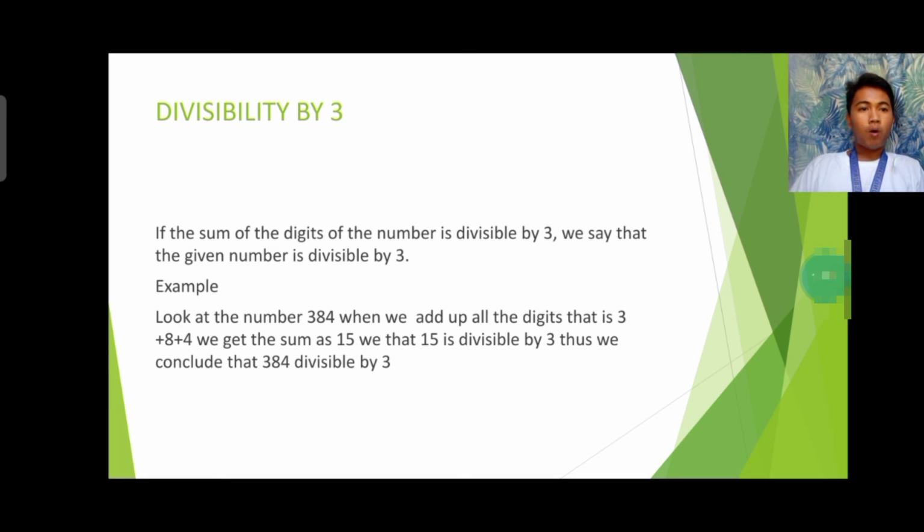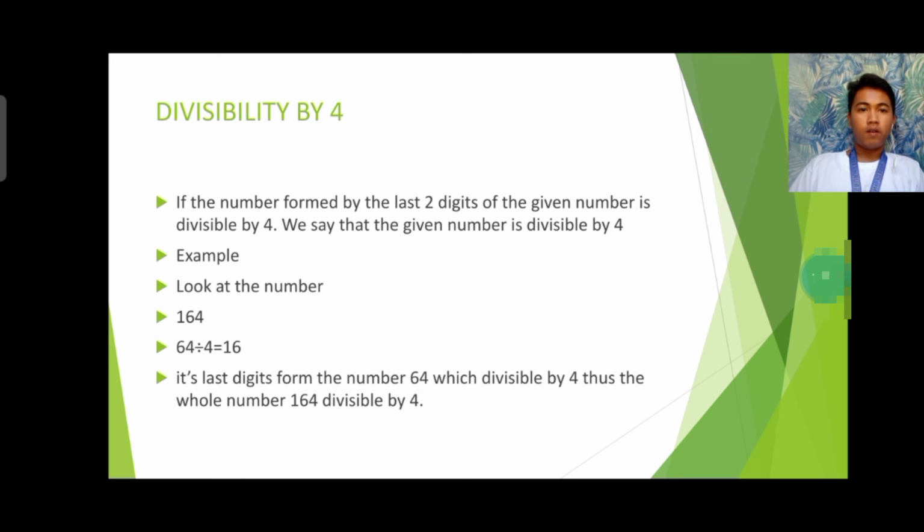When we add up all the digits, that is 3 plus 8 plus 4, we get the sum as 15. We say that 15 is divisible by 3. Thus, we conclude that 384 is divisible by 3.